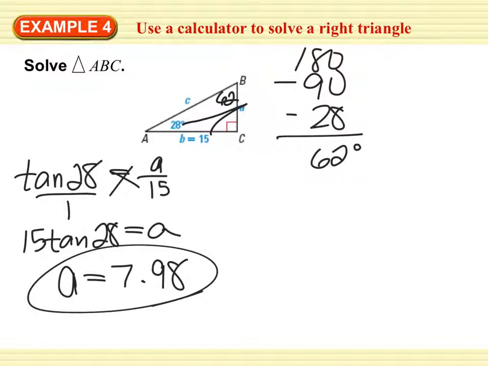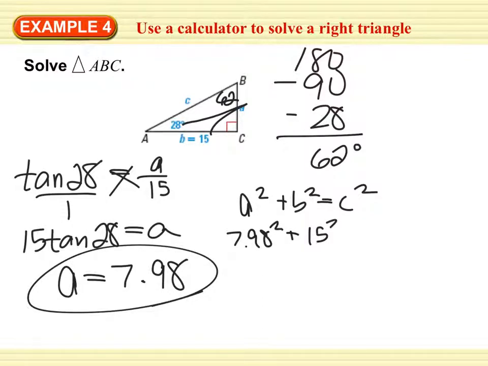Now I can use the Pythagorean theorem. A squared plus b squared equals c squared. So 7.98 squared plus 15 squared equals c squared. I still have 7.98 in my calculator, so I'm just going to use that and square it.